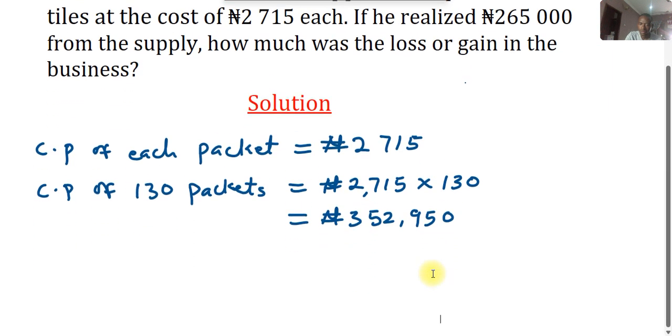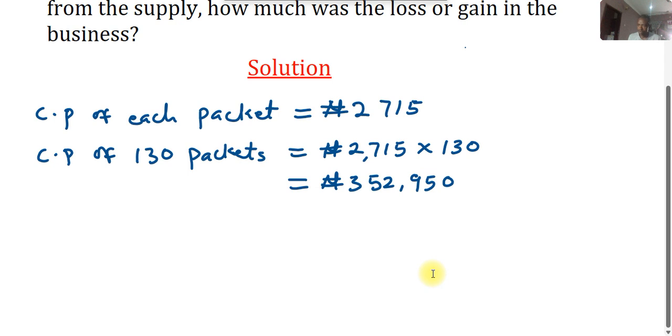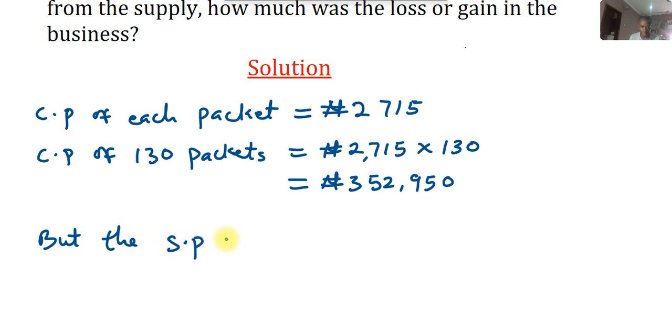So now, don't forget that the selling price, that is the amount at which we actually supplied, has been given to us as 265,000 naira.